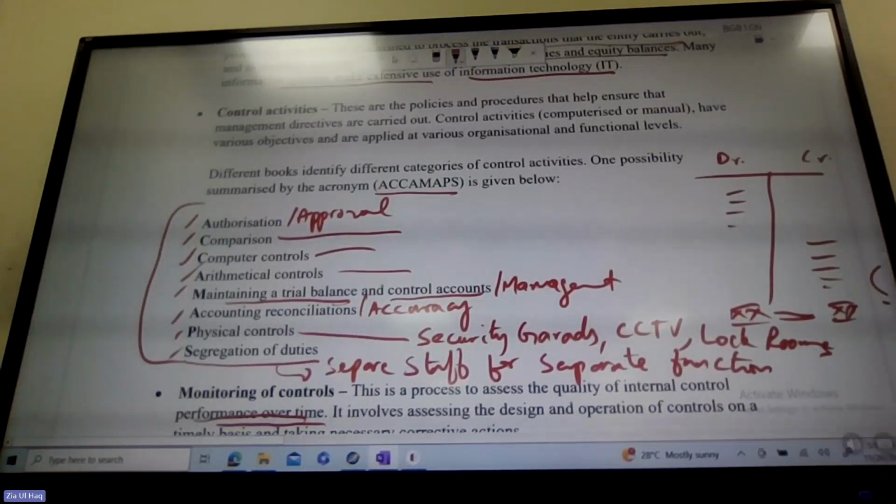If there are separate staff, one for receiving cash and one for recording cash, we can avoid misuse of cash. If one staff member is responsible for all functions, it is easier for him to commit fraud. If there are separate staff, then fraud can be detected by the other staff member.